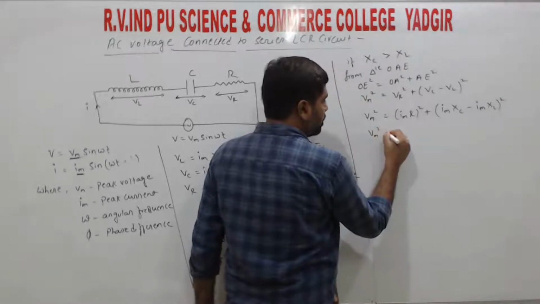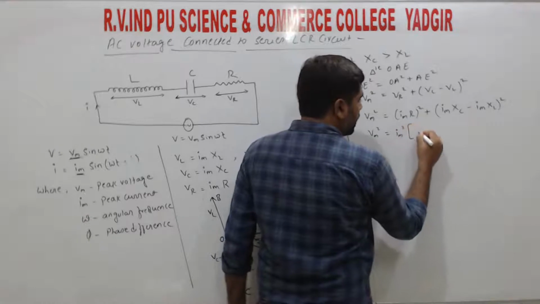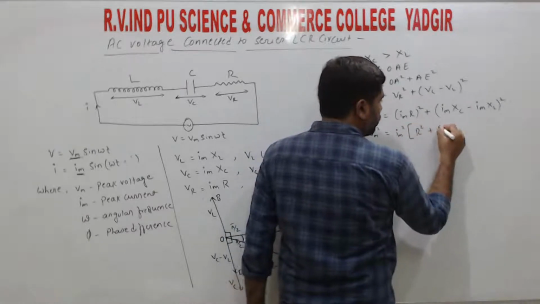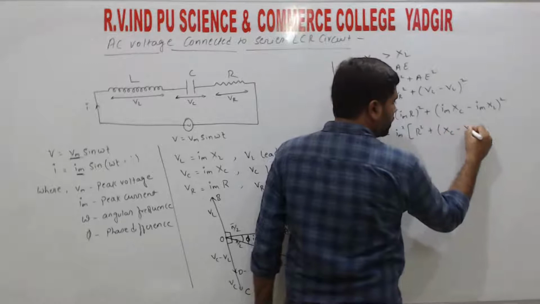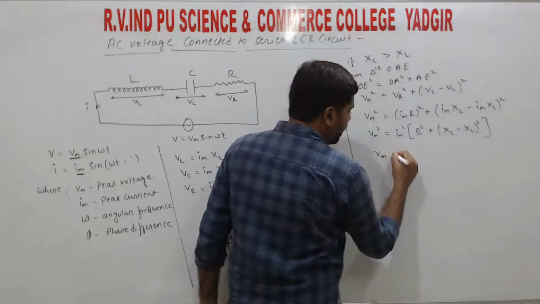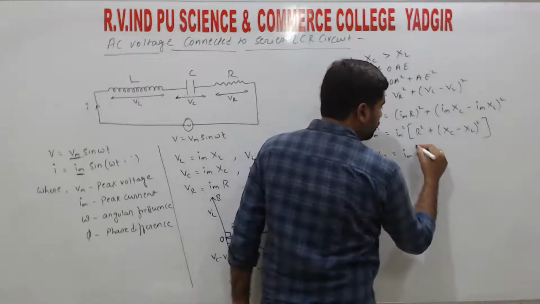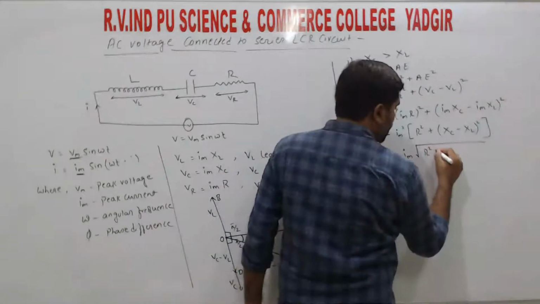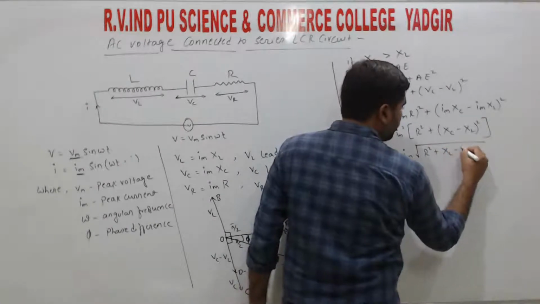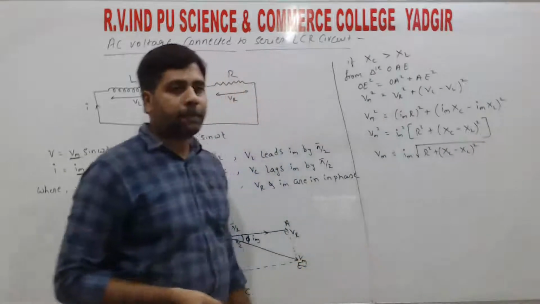So Vm square is equal to, in all these terms we can take Im square as common, so we can write R square plus Xc minus XL whole square. So we need Vm, so Vm is equal to Im under square root of R square plus Xc minus XL whole square, right?